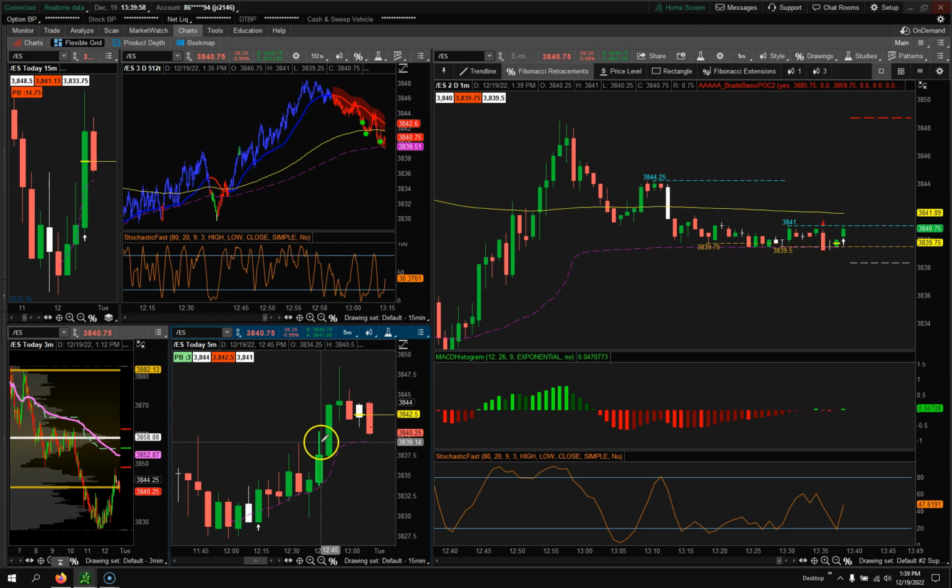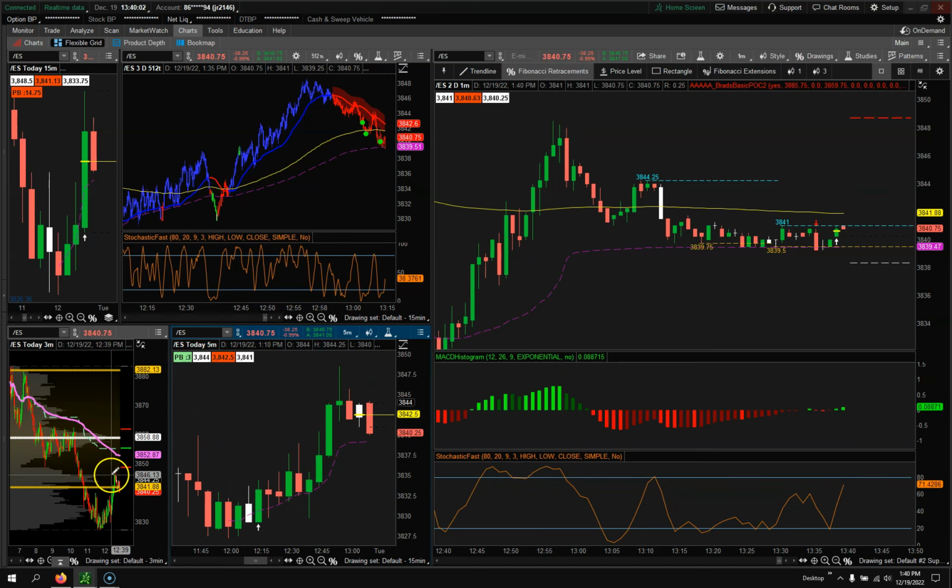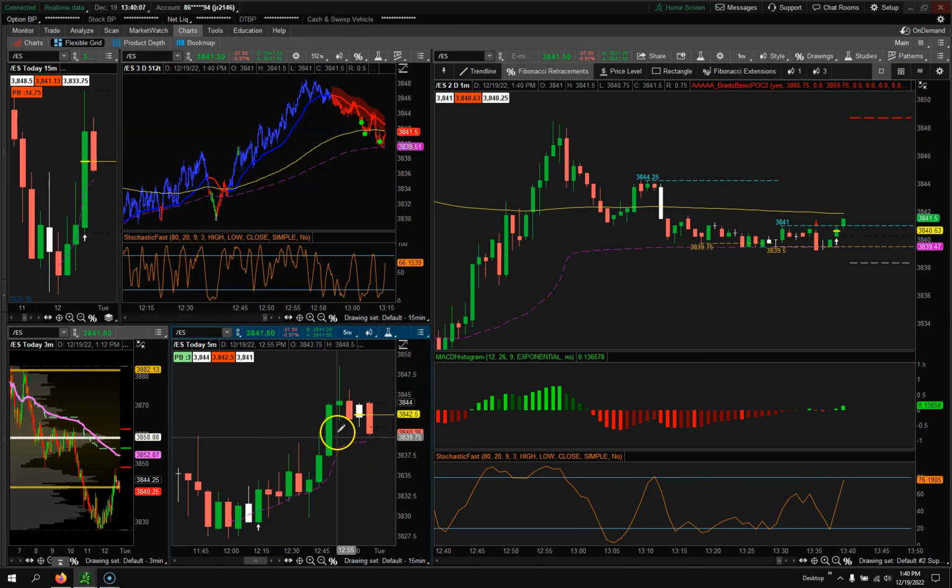Also, when I zoom in, if I see we're starting to break out over here, going from here all the way up here, I will look for a pullback on this candle, expecting us to go up to this VWAP or something. I like to watch for pullbacks over here on the 15-minute.